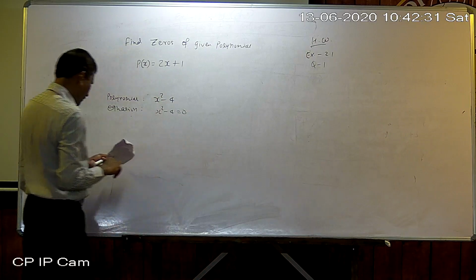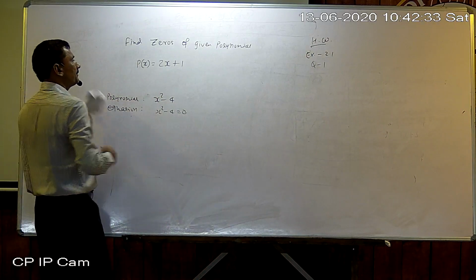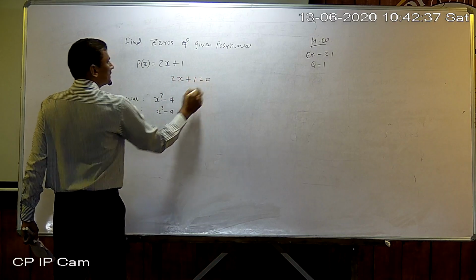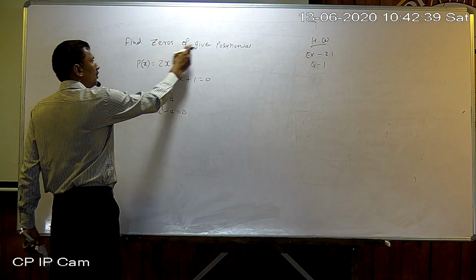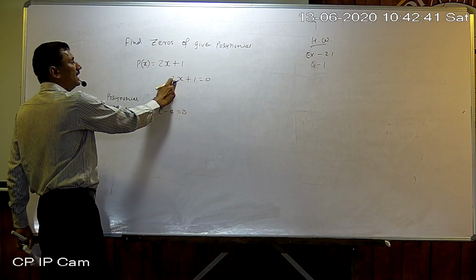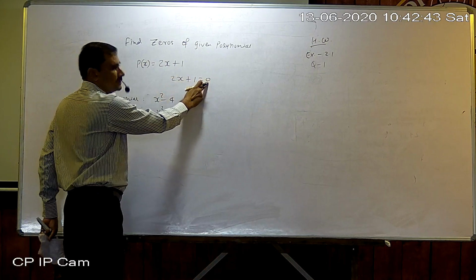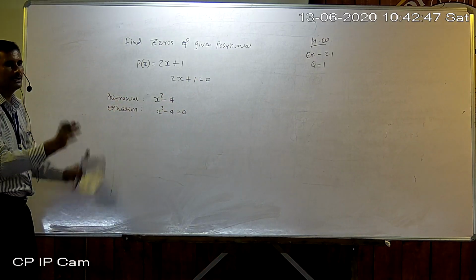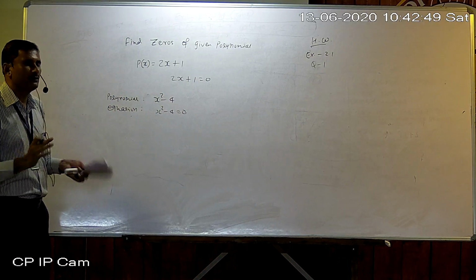Now whenever you want to find a zero, just place 0 against that. So write it this way, 2x plus 1 equal to 0. Why? Because the zero of a given polynomial means the value of that polynomial should be 0. So just place 0 at the right side, then find the value of x.